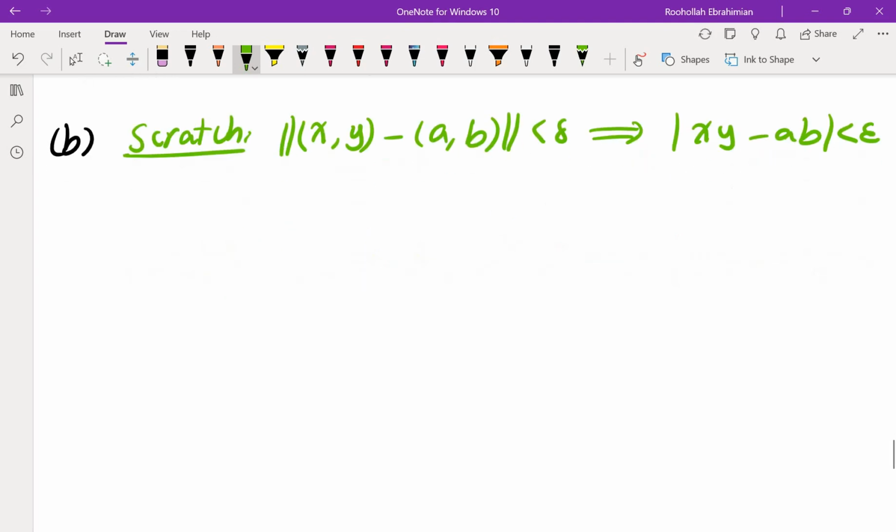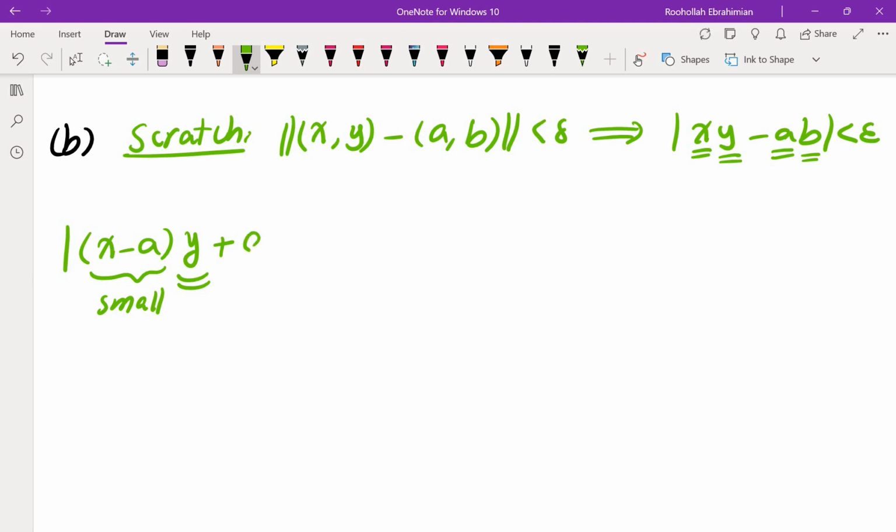So how do we show that? Well, we are trying to show that if x is close to a and y is close to b, then xy minus ab is also small. So let's rewrite what that means. If you write this down as x minus a times y plus, this one would be small. And I know that y cannot go to infinity. y has to stay around b.